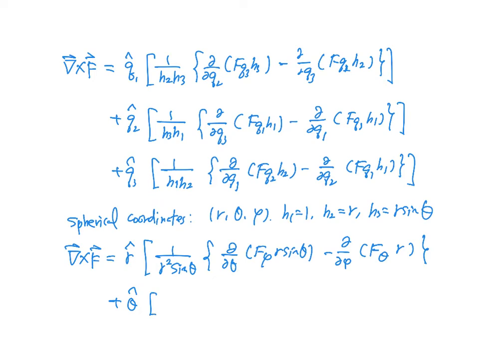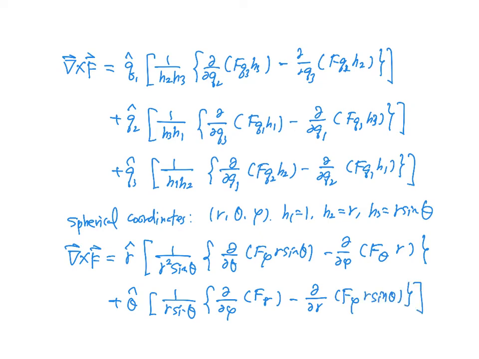H3 is R sine theta, H1 is 1, so this is simply 1 over R sine theta, partial phi, partial F R minus partial R, partial F phi R sine theta, plus phi.